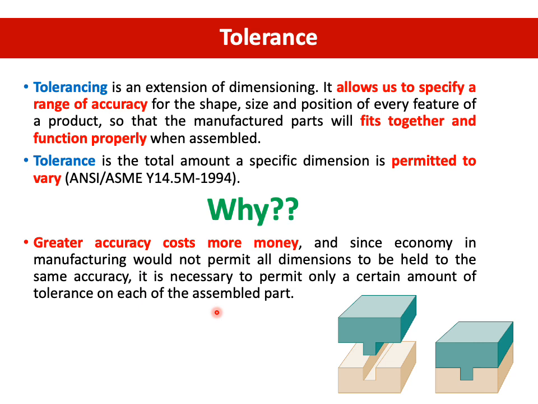So we need a limit, a certain amount of tolerance between each part to be assembled or fitted together, like in this picture. They need to fit each other and be very accurate.